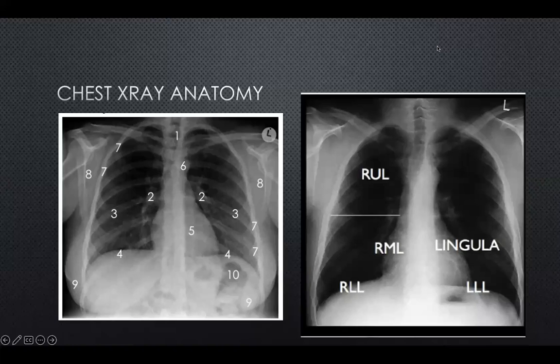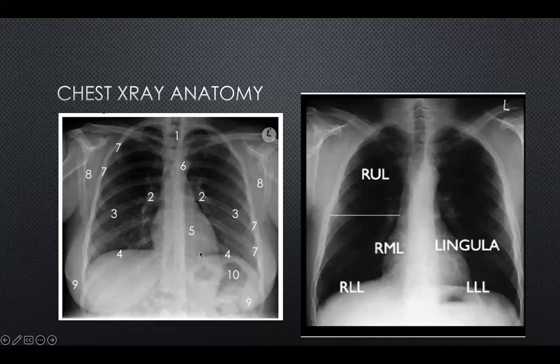I was wondering if people could just shout out what those 1, 2 to 10 are, but obviously it might be quite simple for you. Actually, I'll just go through it. So number 1 is your trachea. Number 2, your hilar. This is obviously very simple for you guys. Number 3, your anterior ribs. Number 4, your hemidiaphragms. Number 5, the heart.